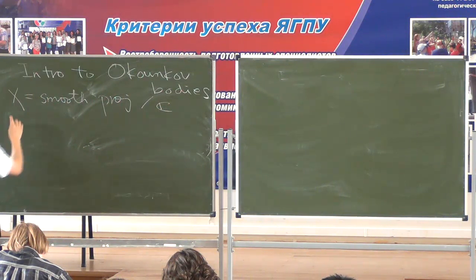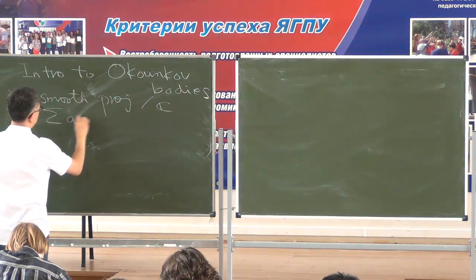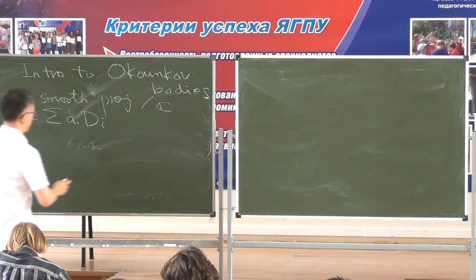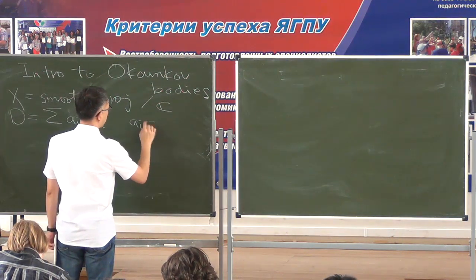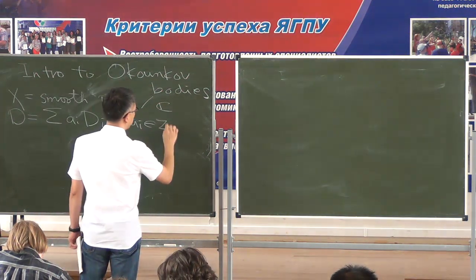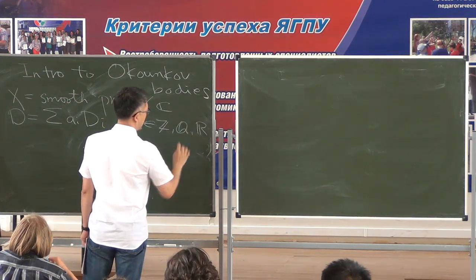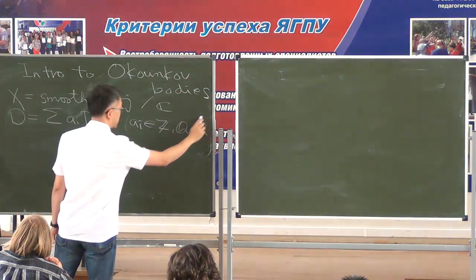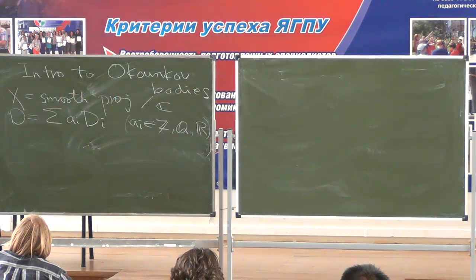Okay, and I use divisors defined on this variety X, and the D_i are prime divisors, and the a_i are coefficients, but they can be integers, rational numbers, and even real numbers. Okay, so I will state which coefficient I will use in the statement.